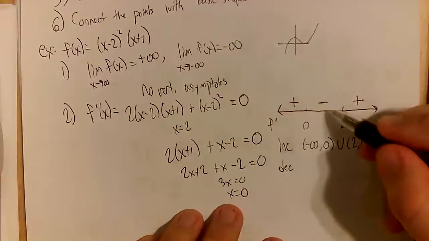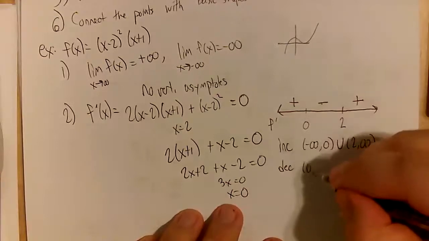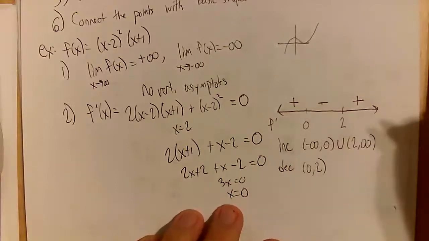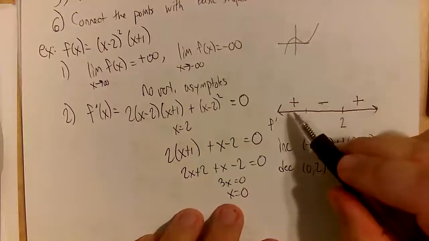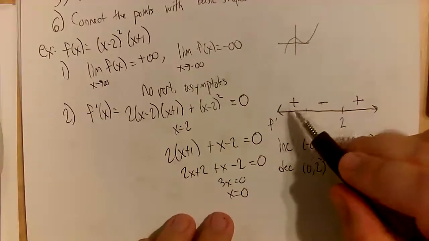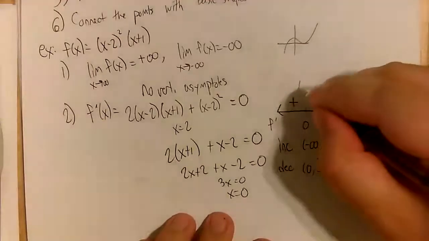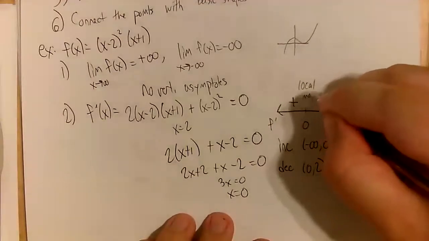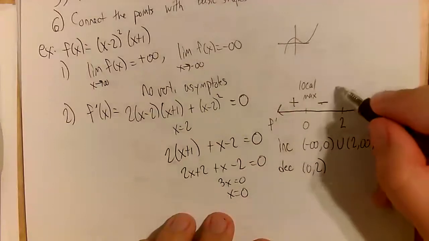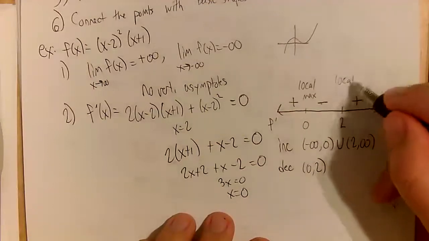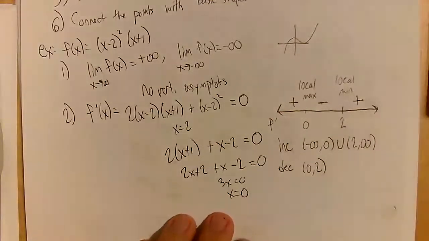Then we know that our function is decreasing where its derivative is negative, and that's on the interval 0 to 2. Furthermore, by the first derivative test, we know that we're increasing here and decreasing here. So it turns out that 0 will be a local maximum for our function, and 2 will be a local minimum for our function.